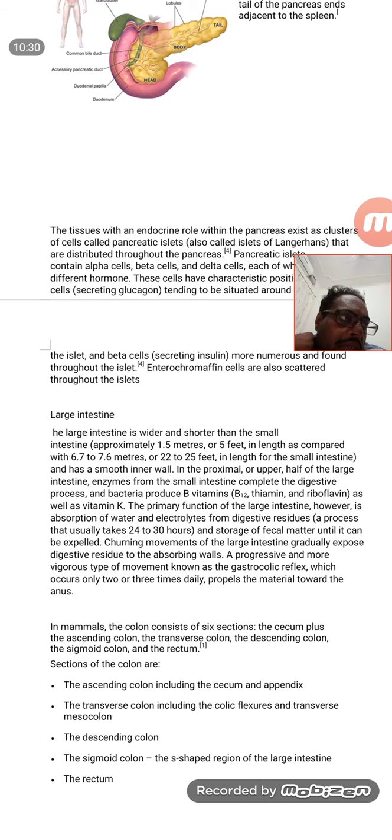Another thing is that the total digestion takes around 72 hours. It depends upon the food, it depends upon the organism, it depends upon the digestive physiology.